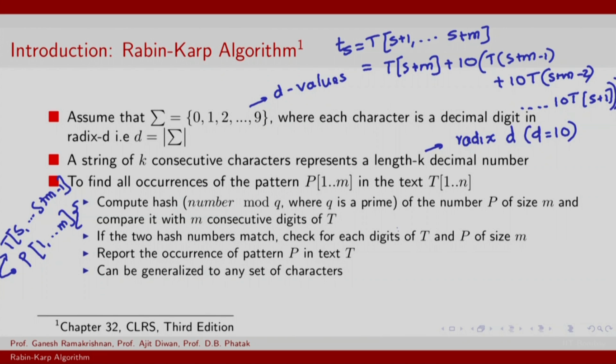One can do likewise for P. So small p is basically P of m plus 10 times P of m minus 1 plus 100 times P of m minus 2, until P of 1.